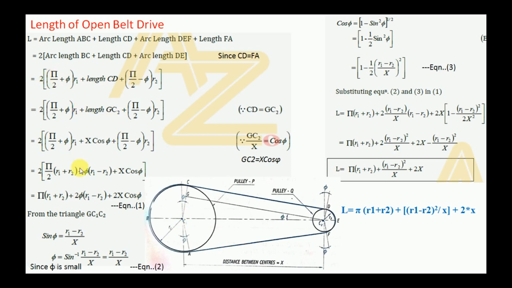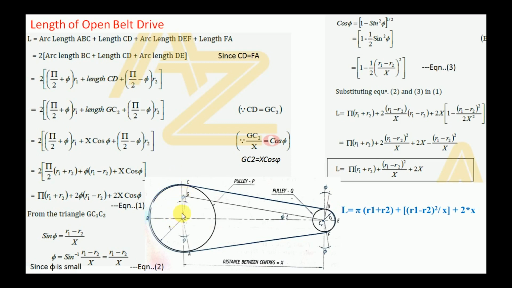The angle subtended by the arc BC is 90 degrees, that is pi by 2, since pi is 180 and pi by 2 is 90. Plus this angle phi is additional.